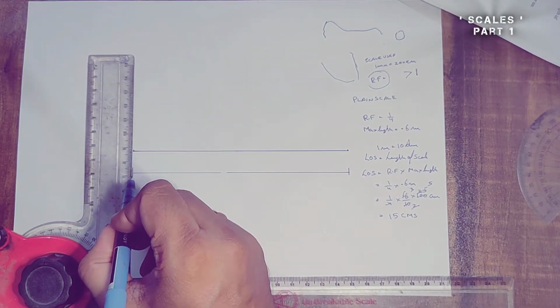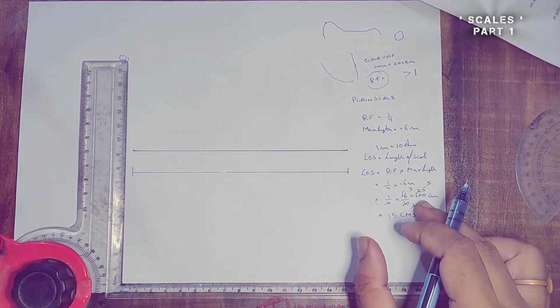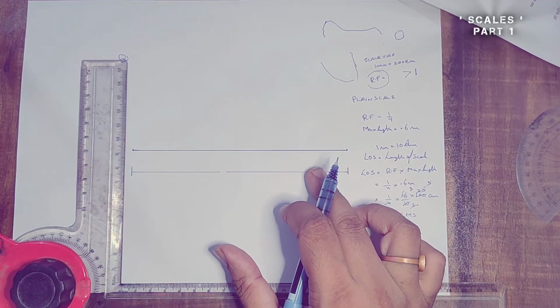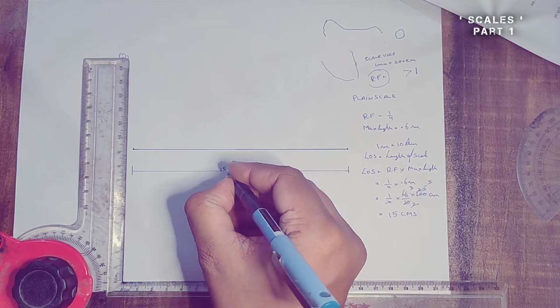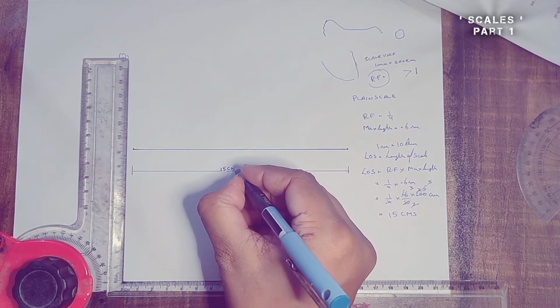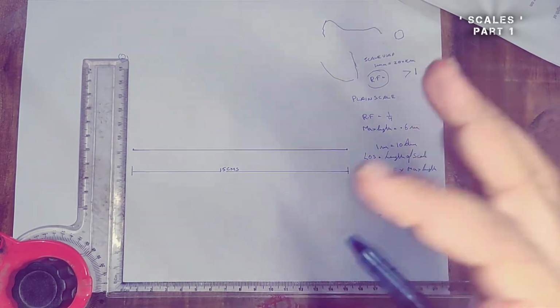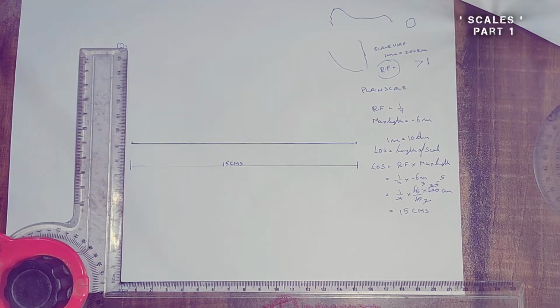It represents 0.6 meter, because we have multiplied with the RF, so we have reduced it. Its actual length is 0.6 meter. Now we have to make 6 divisions of this line.